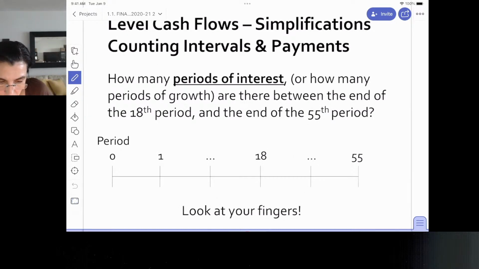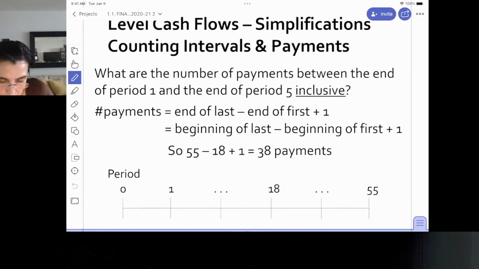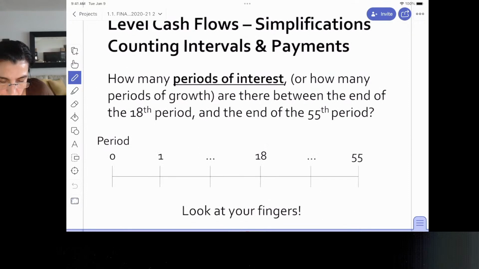then I just have some comments here which can help you for more complex problems to realize how to count the number of intervals in a period of time, which you'd need for certain problems if you want to find out growth, the number of periods of growth, or to figure out also the number of payments within a certain period of time.